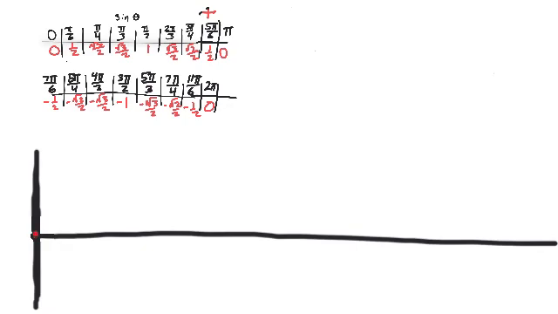So let's think about what's the highest y value that my graph takes on. 1. What's the lowest y value my graph takes on? Negative 1. So this is going to go between 1 and negative 1. I'm going to make this here my y value of 1. This here is negative 1.